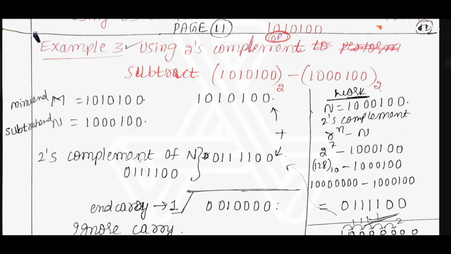The first three digits will be the same, then we change the remaining digits to 1 1 1 and 0. That is the 2's complement.